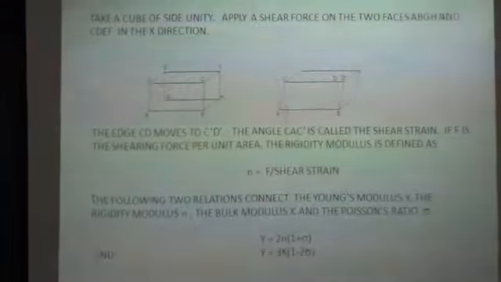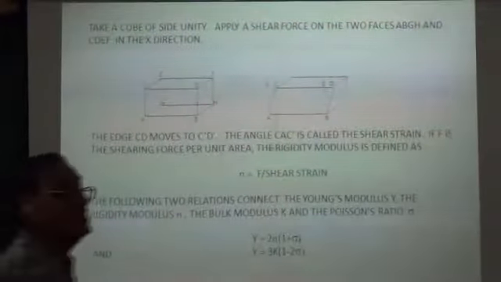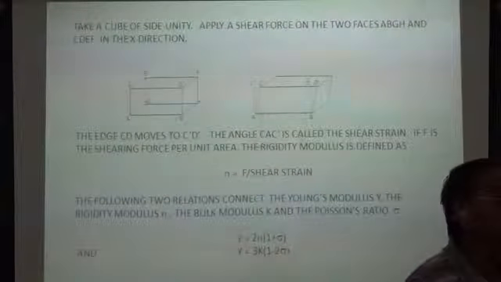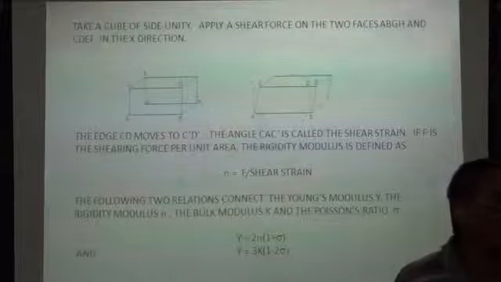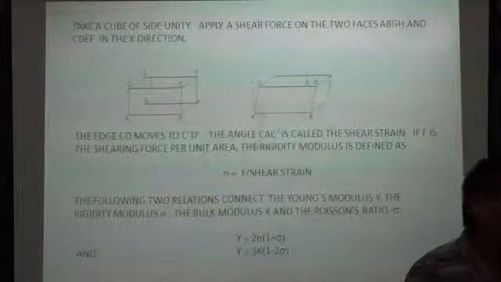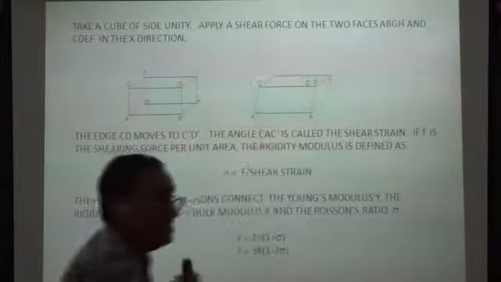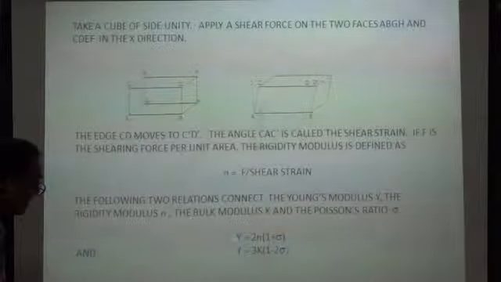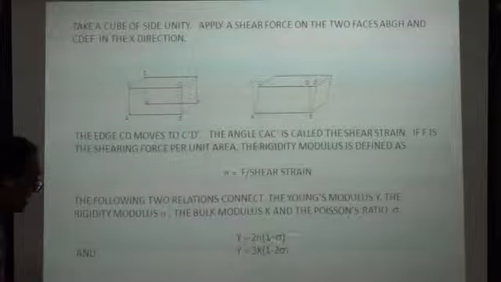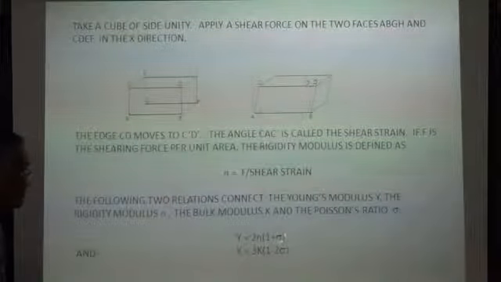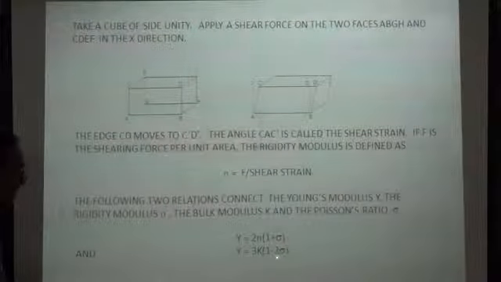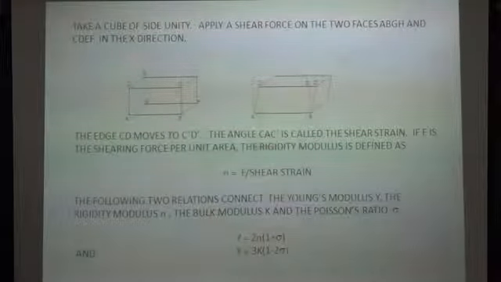The rigidity modulus will always be less than the Young's modulus, less than 50% of the Young's modulus. Because there are relations connecting the Young's modulus, bulk modulus, rigidity modulus and Poisson's ratio.